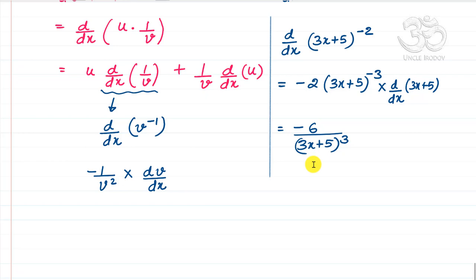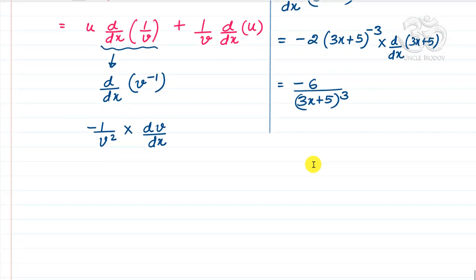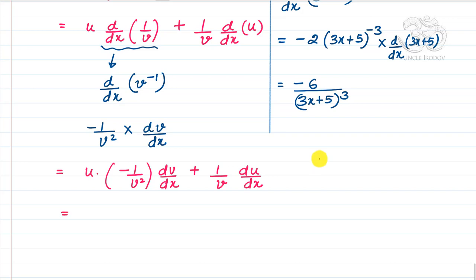So what you will get here now is, this whole thing looks like u times minus 1 by v square dv by dx plus 1 by v times du by dx. And you can take the LCM. So the LCM is, see, in the first term you have v square in the denominator, in the second term you have v in the denominator.